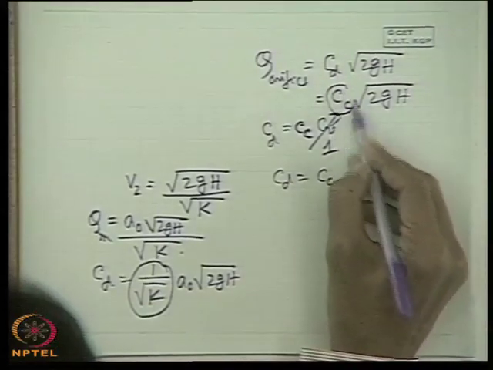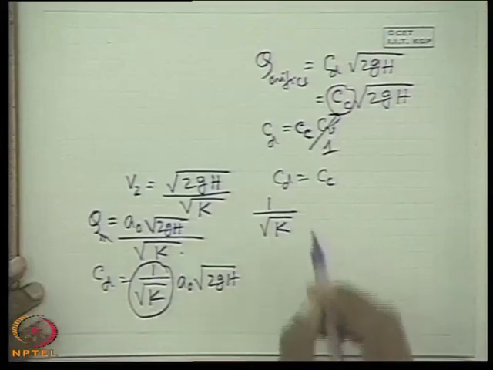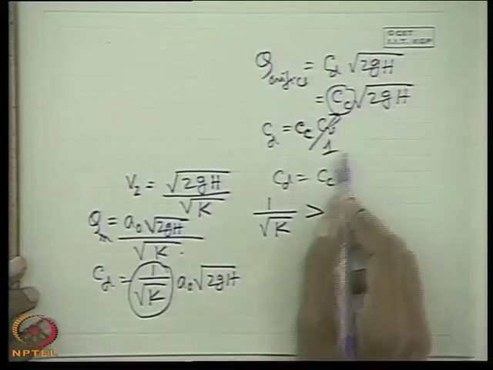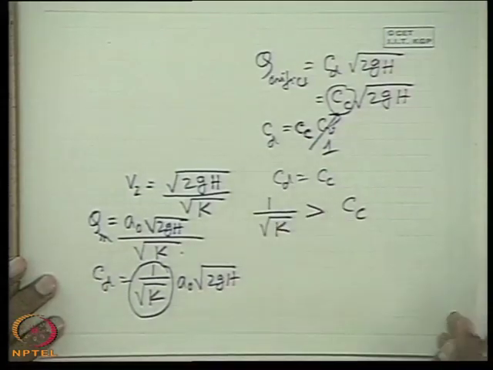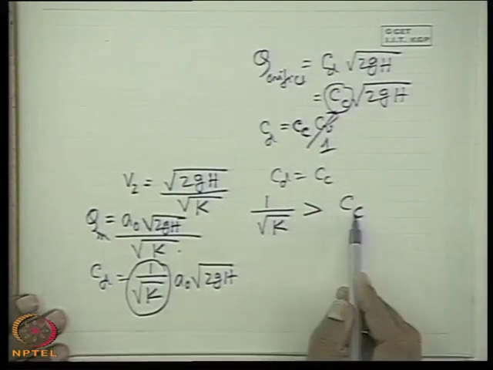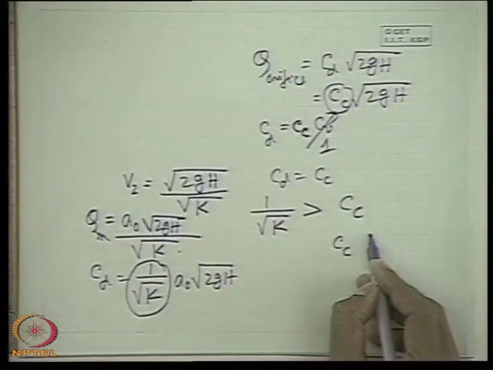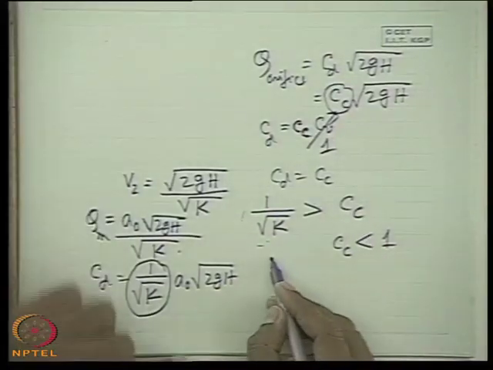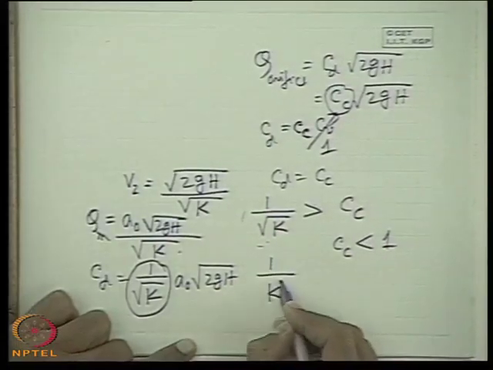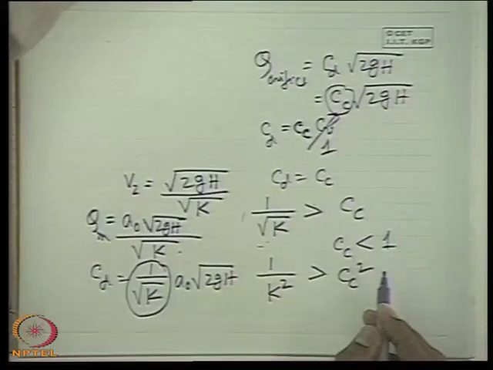Now if I can prove that 1 by root K is greater than CC under all conditions, then I can prove that the mouthpiece always enhances the flow rate. This can be proved. This is simple school level mathematics, that for values of CC less than 1, 1 by root K is greater than CC, or 1 by K square is greater than CC square.